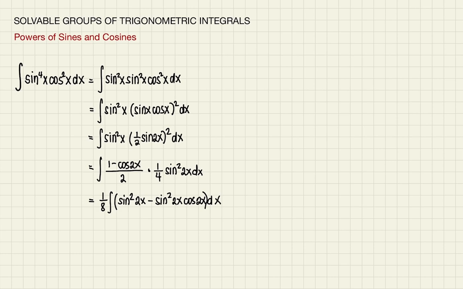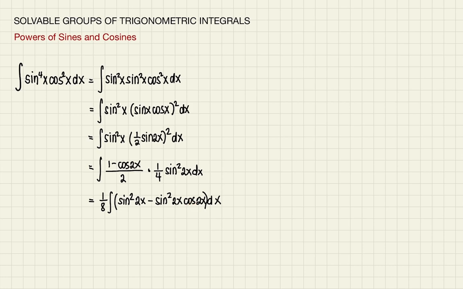So as you can see, we have two terms to integrate here. Sine squared 2x is not integrable, so we have to reduce the exponent using the power reducing identity. But here, since we already have a function whose exponent is 1, then we can use integration by simple substitution.